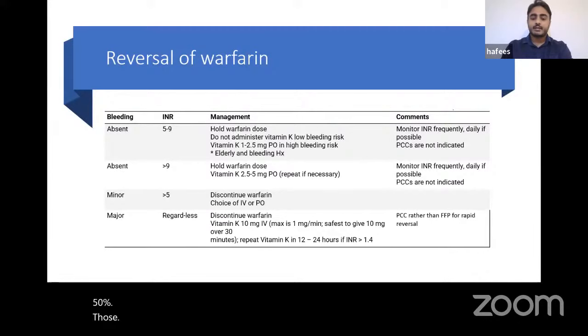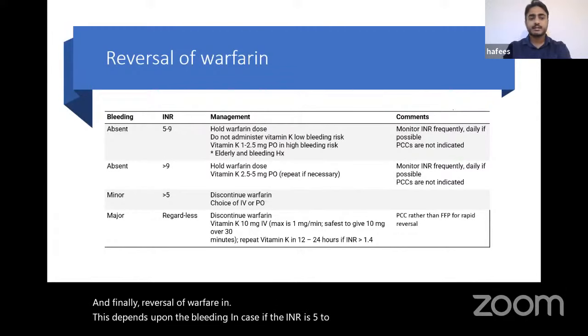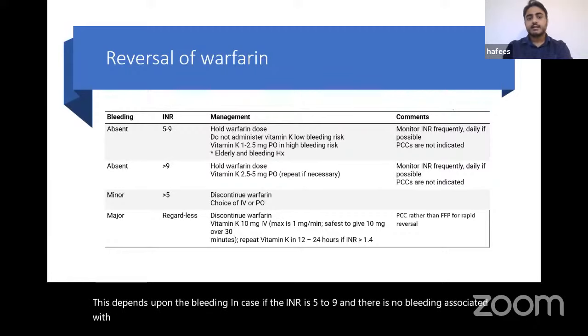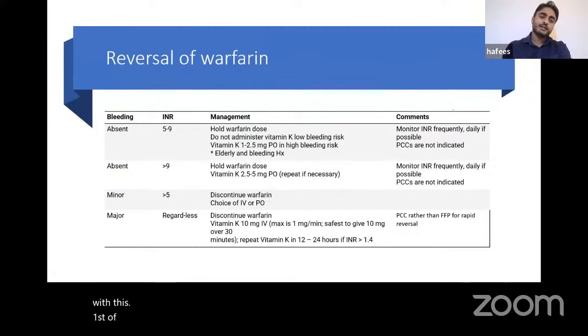Then finally, reversal of warfarin. This depends upon the bleeding. In case the INR is 5 to 9 and there is no bleeding associated with this, first of all, as I told you before, if the INR is above 4, we need to hold the warfarin.